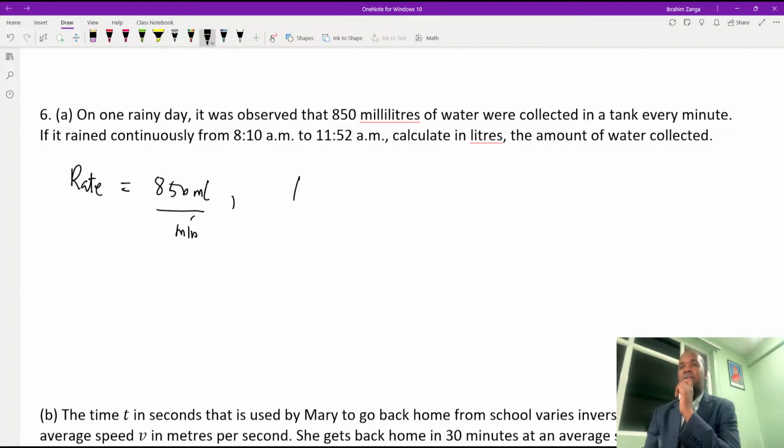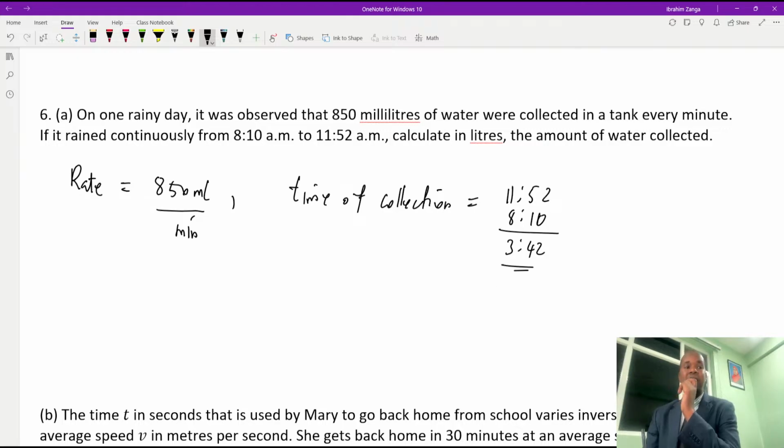So time of collection of water, time of collection will be taking 11:52 minus 8:10. When you subtract, you have 2, this is 4, and then you have 11 minus 8, 3.